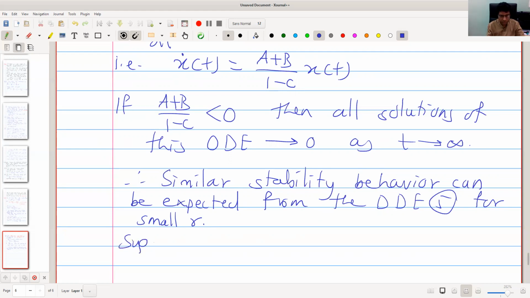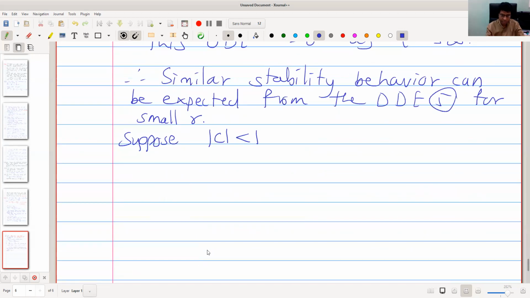Suppose mod c less than 1, that means the real part of lambda, that is the real part of log of c by r, is less than 0 in 8.